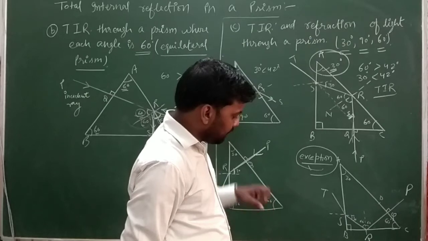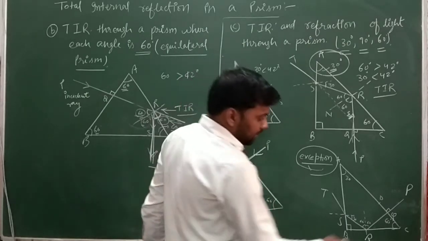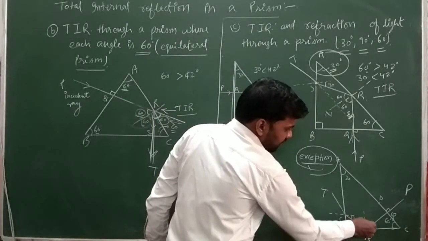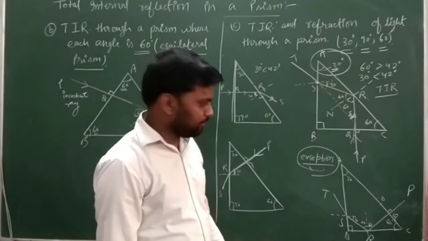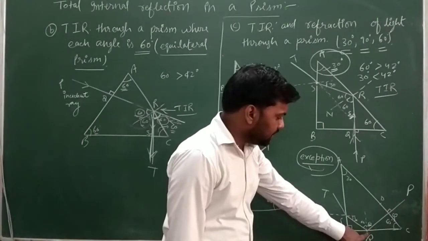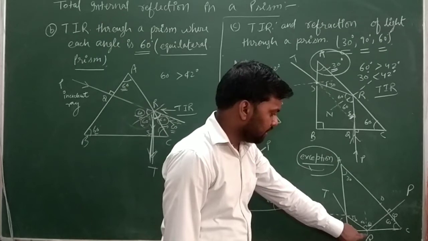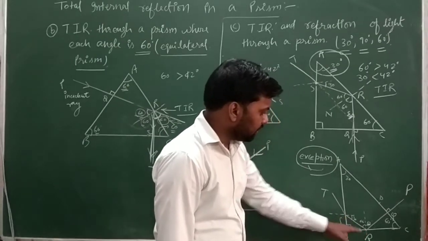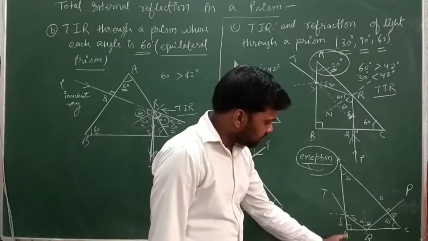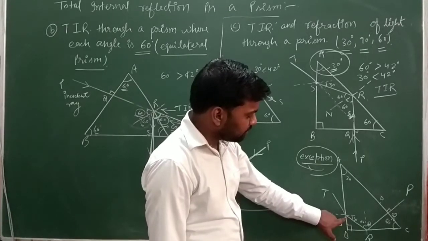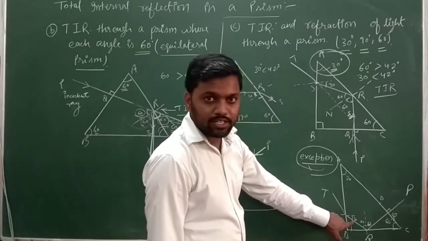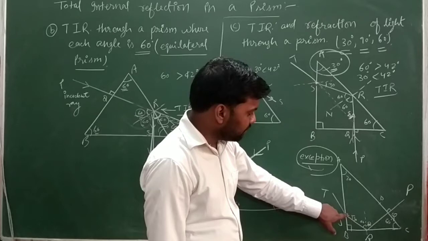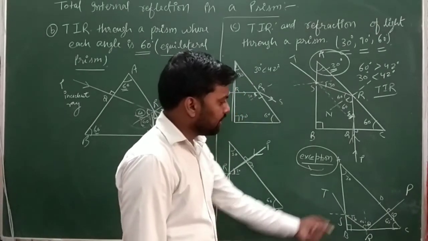Now what will happen by this? It is again 60 degree, greater than the critical angle of the prism. It will show total internal reflection at point R. Okay, and it will reflect on this side AB, and after reaching this point it will again make a lesser angle than the critical angle, and it will show refraction here. Okay, it is moving away.